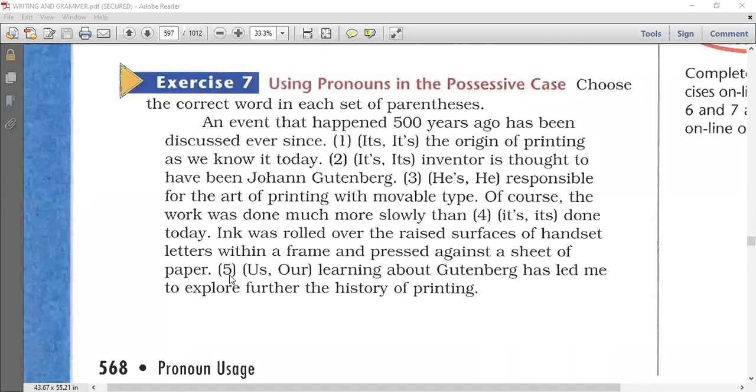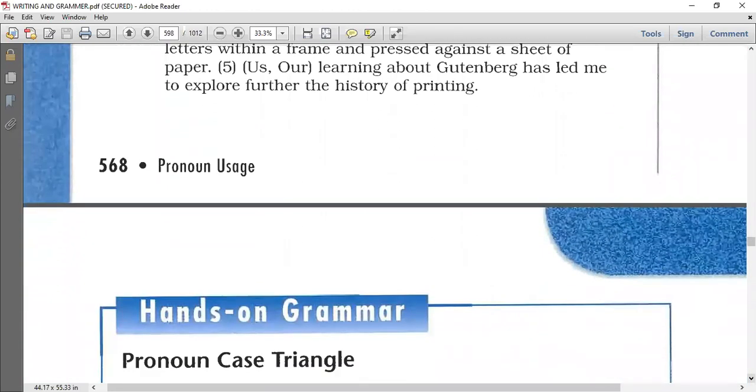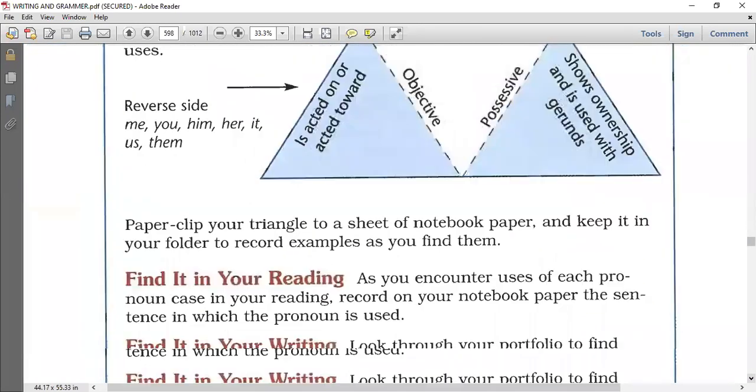Number 5, Yahya Awad. Us or our learning about Gutenberg has led me to explore further the history. Our. Thank you, Yusuf. Thank you, Yahya. But our learning, we need a possessive pronoun here.